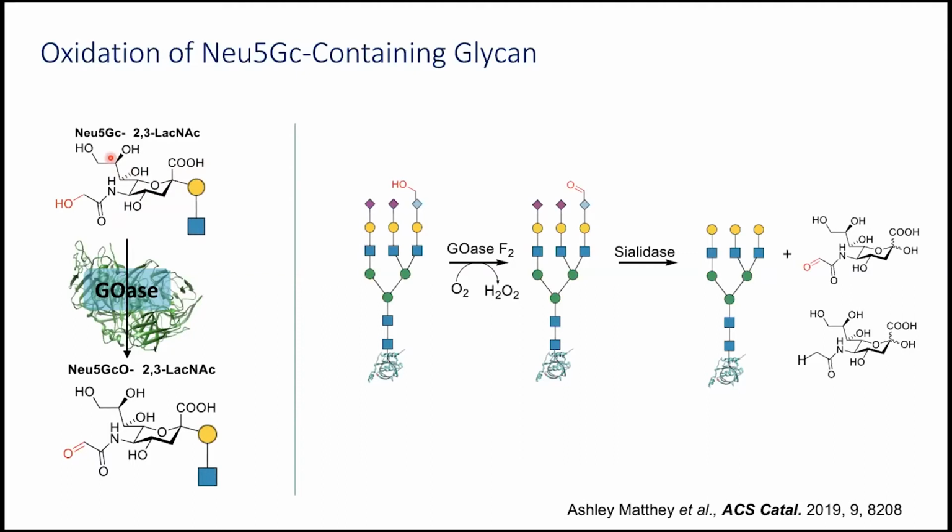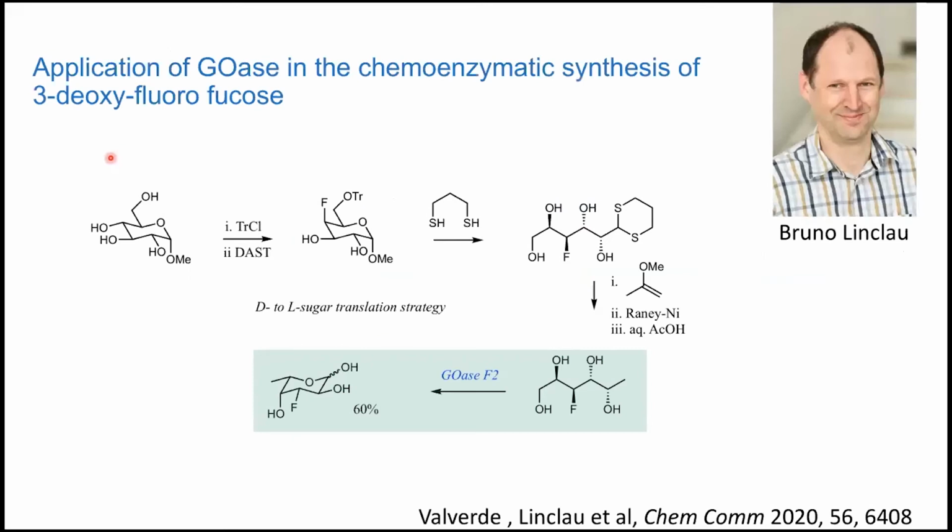Only the glycolylneuraminic acids get oxidized to the aldehyde and can be labeled. And you can show this by just cleaving all the sialic acids off with generic sialidase and then show by HPLC that it really only is the glycolylneuraminic acid that's been oxidized. So that's a really nice tool to selectively oxidize these.